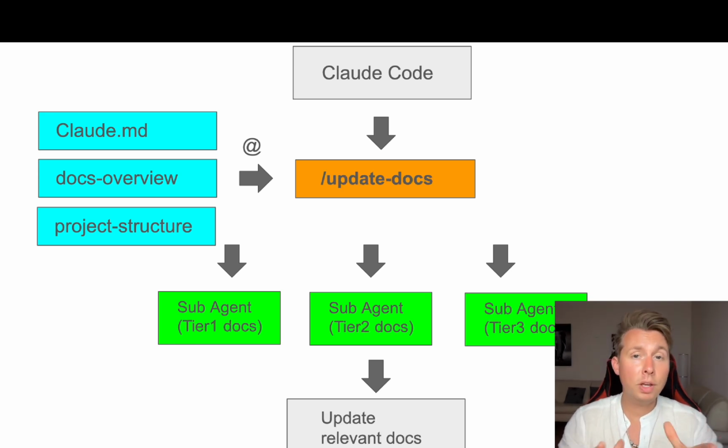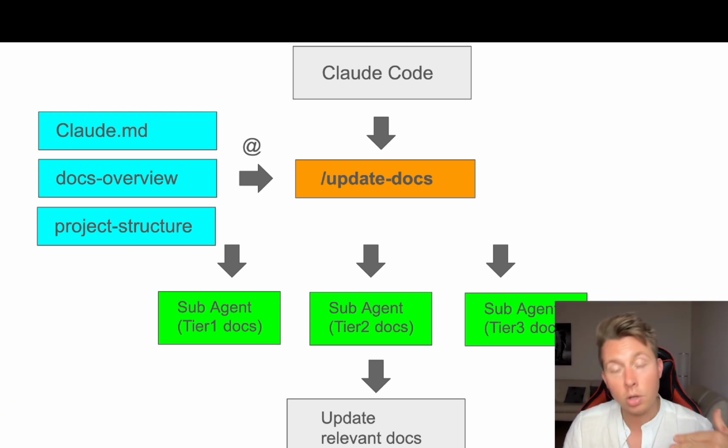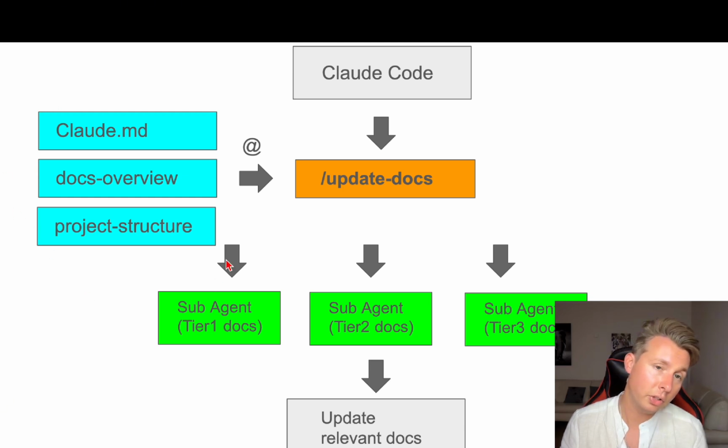Now, once we have executed the task, we want to update our documentation. This is very crucial because without the right documentation, without good context, Claude Code can't do anything. So again, we run our custom command /update docs. It loads all the foundational documentation.